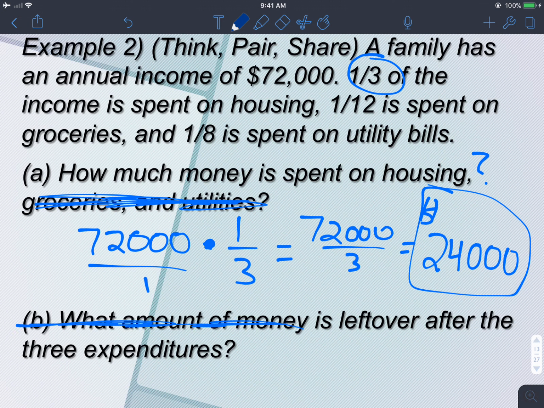I'm going to pass over that for now. You have a total of $72,000, right? If you spend 1/3 of your money, well, divide it by 3.